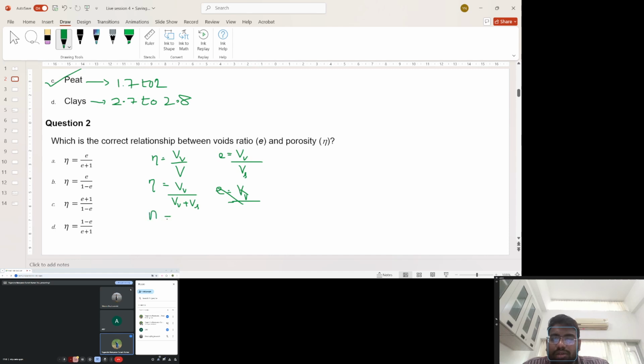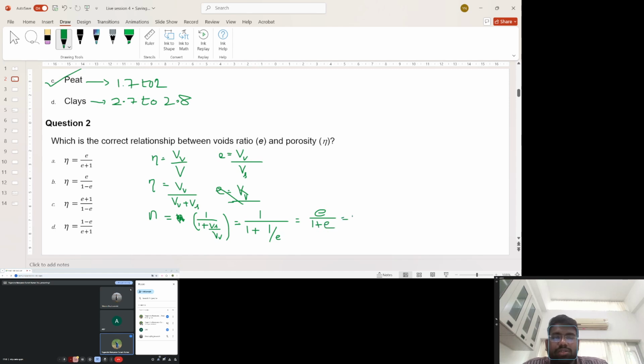Now you take the volume of voids common, you get 1 by 1 plus Vs by Vv. Now Vs by Vv is 1 by e, so it is 1 by 1 plus 1 by e. So eventually it will give e by 1 plus e.